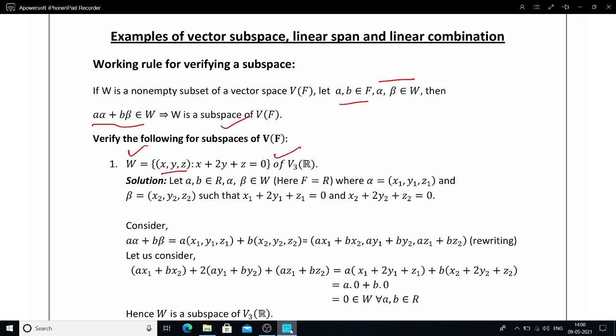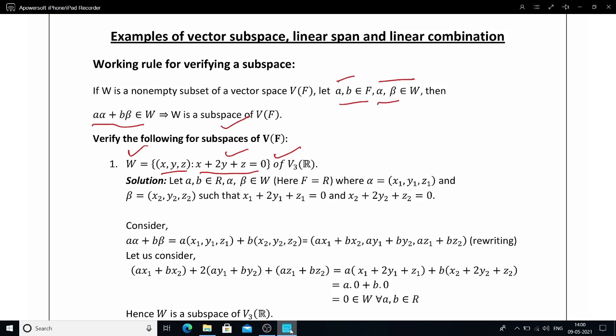The condition is x plus 2y plus z equal to 0. Remember this condition. I need two vectors and two scalars.